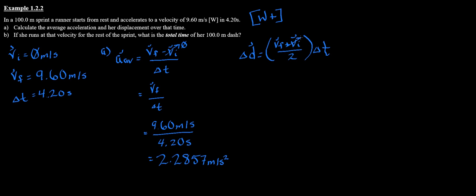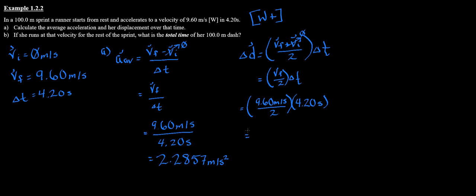Again, we don't have an initial velocity, so the displacement is just going to be equal to the final velocity divided by 2 times that change in time. So again, our final velocity was 9.60 meters per second, we're dividing that by 2, multiplying that by our change in time, which was 4.20 seconds. Time is in seconds.